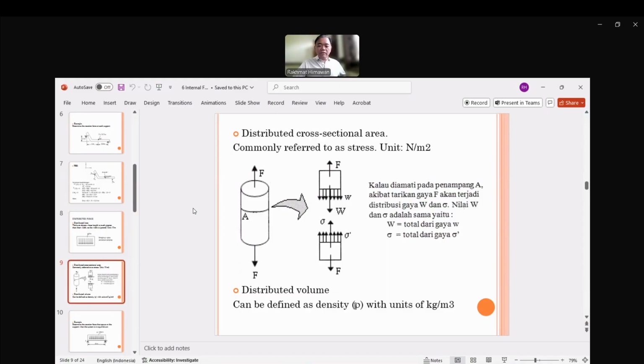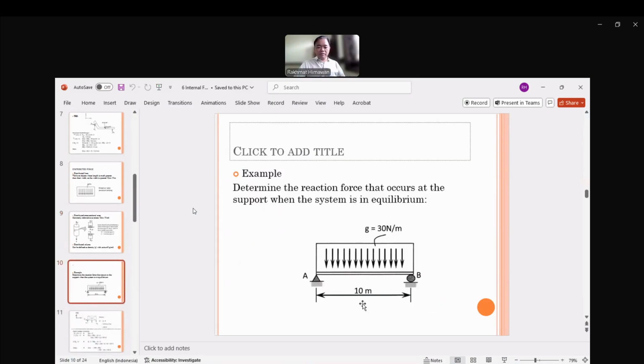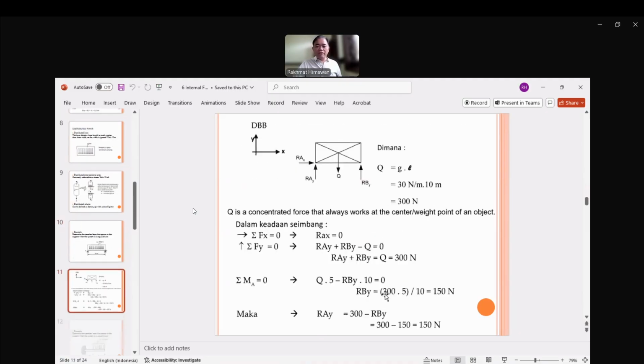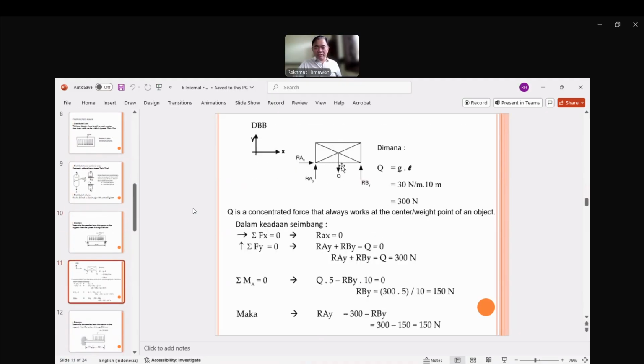And if it's volume, then it's density, rho, but we don't really use this in engineering mechanics for the volume. Example: you just need to calculate the G with this 30 Newton per meter, and multiply by 10 meters, which becomes 300 Newton at one place, in here, as a Q.